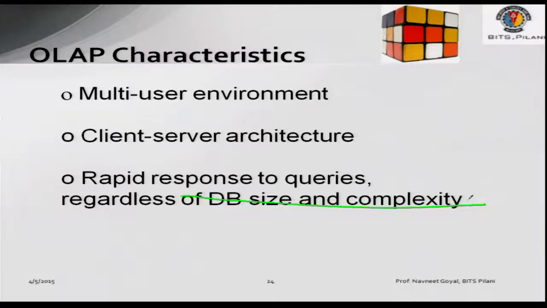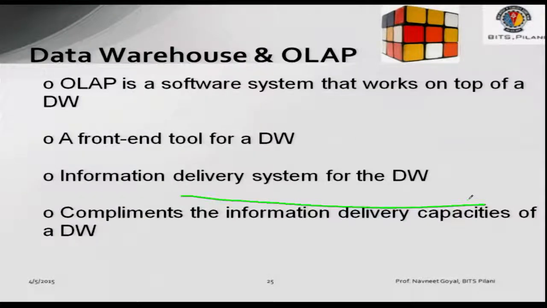All the computations are typically done on the server, with rapid response to queries regardless of data size and complexity. These are typical characteristics, and something about the architecture. It works on top of a data warehouse, and it is the most commonly used front-end tool for a data warehouse. And the rest of the points are self-explanatory.